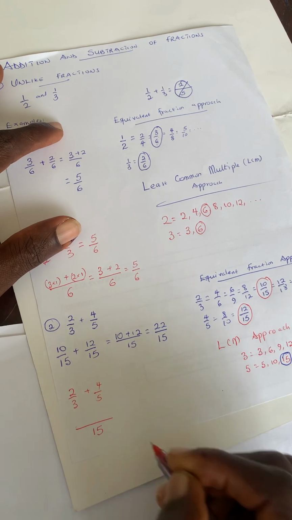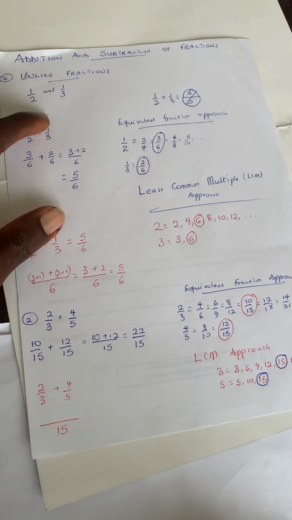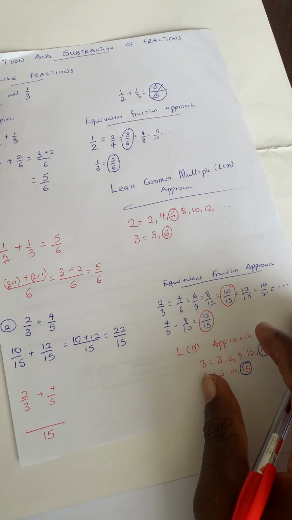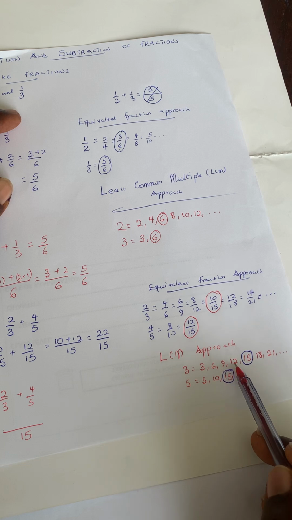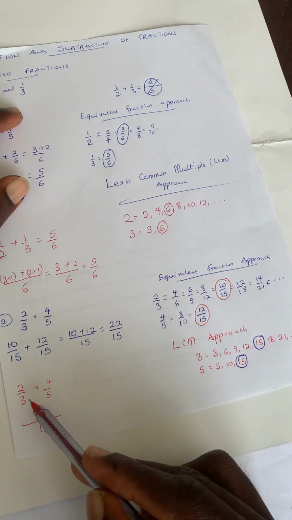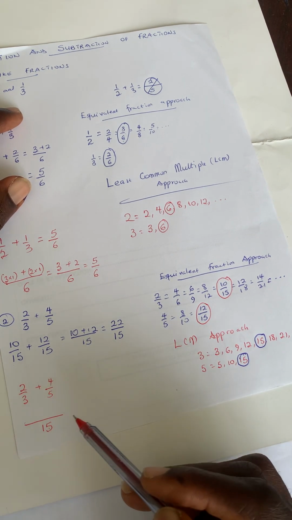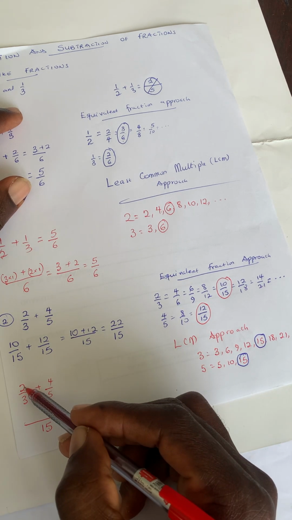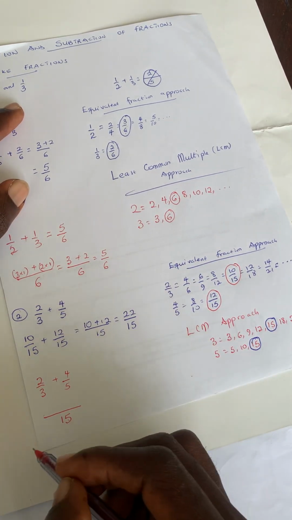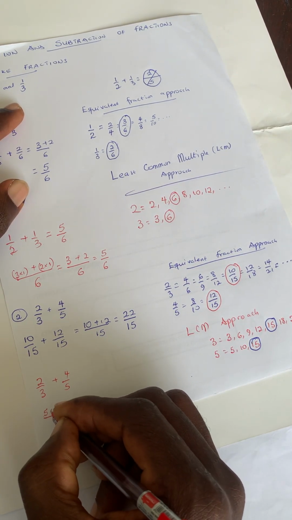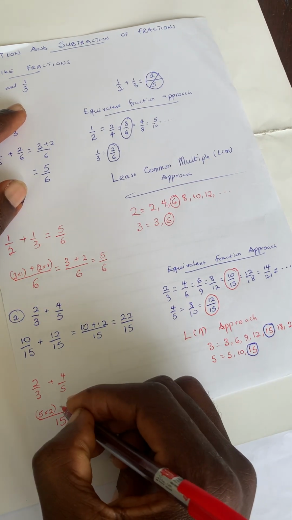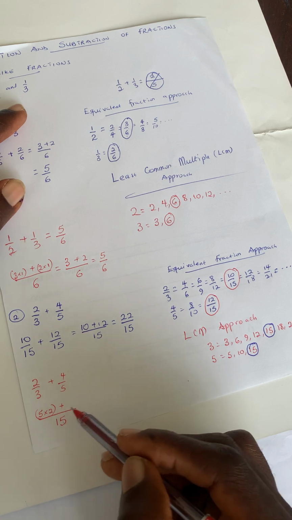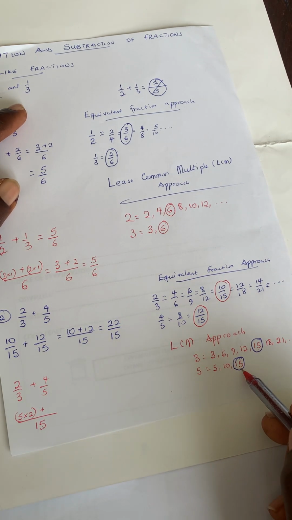Now we ask ourselves, how many times would 3 divide 15? And that is 1, 2, 3, 4, 5. So 3 divides 15 5 times. So we multiply the 5 by the corresponding numerator. So this gives us 5 times 2 plus, for 10, 5 will divide 15 1, 2, 3 times.